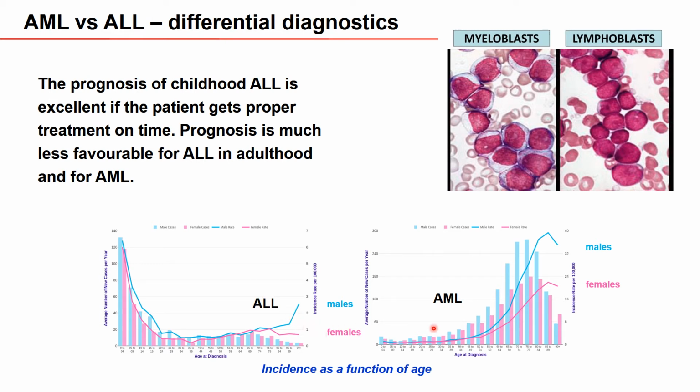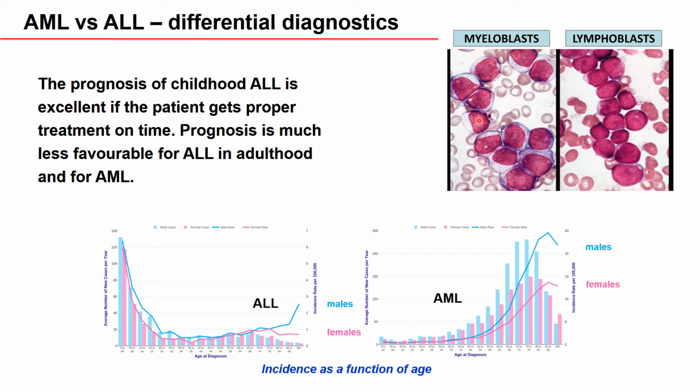In acute myeloid leukemia, the incidence increases over 50 or 60 with a linear correlation, and in males it is about 2 or 3 times higher than in females.